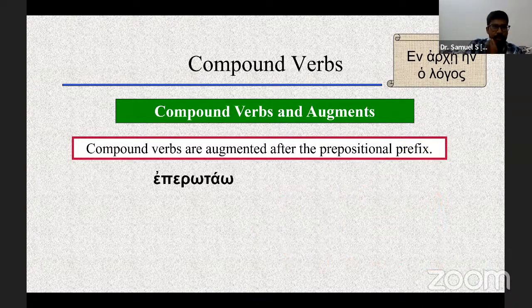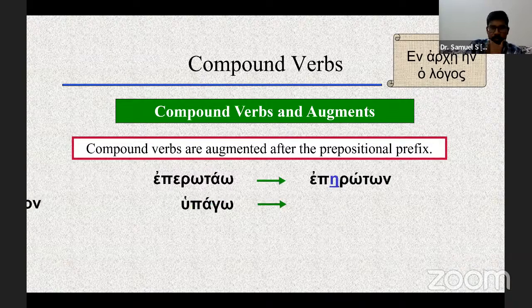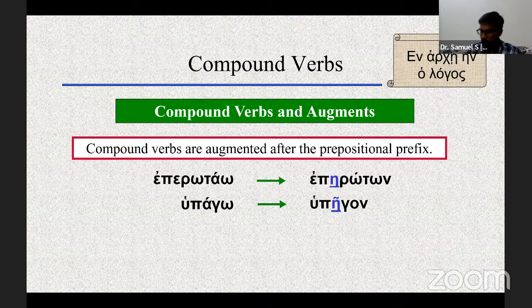See an example here. Epi, erotao. So we know epi is a preposition. Epi and erotao. They've combined. Where is the augment happening?